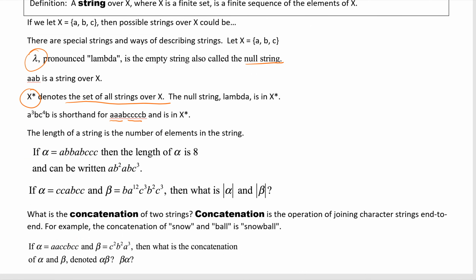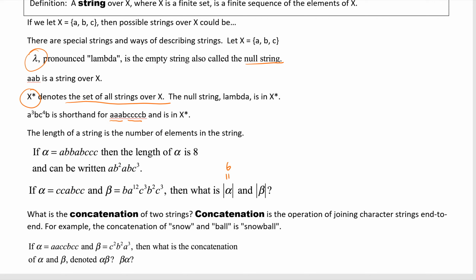If alpha is CCABCC and beta is B A to the 12th C cubed B squared C cubed, what is the length of alpha and what is the length of beta? The length of alpha: 1, 2, 3, 4, 5, 6, so the length of alpha is 6.